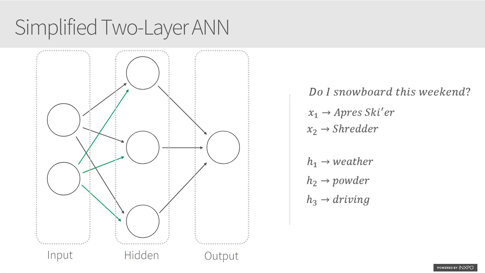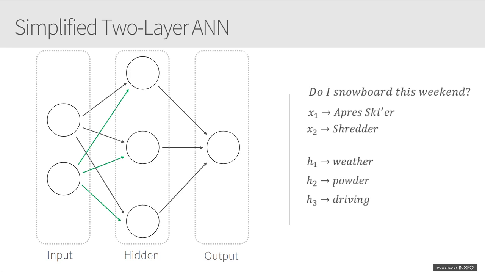Now that we've gone through that concept, let's go one step up again, to a simplified 2-layer artificial neural network. You have your inputs, your hidden layer, and your outputs. Same idea as before, but now we're building more than just a neuron.